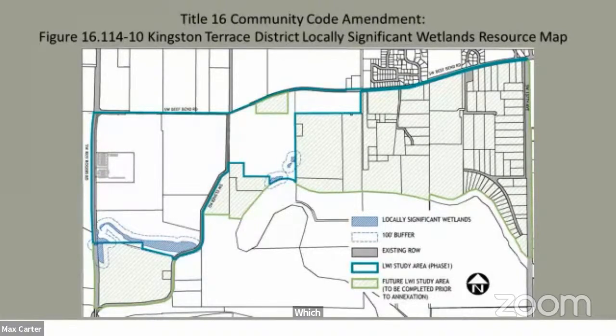And connect couple with this map is also showing in the area, sure, LWI.